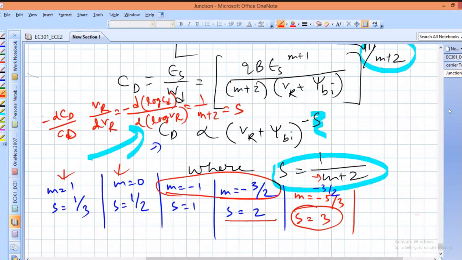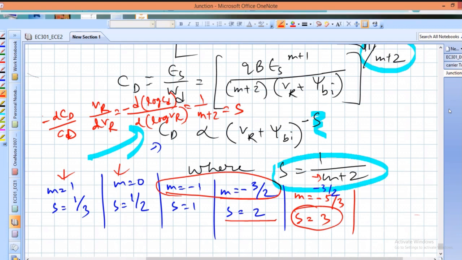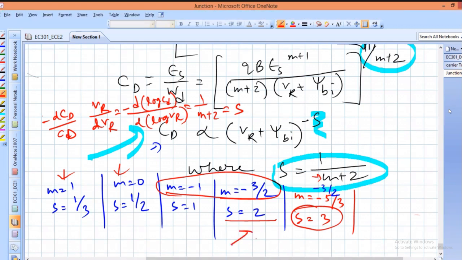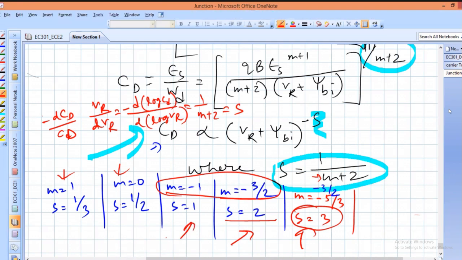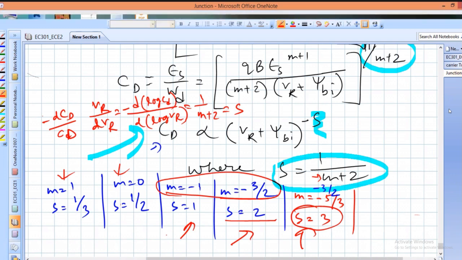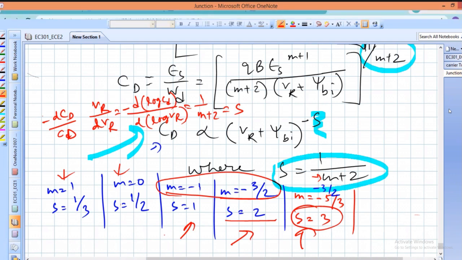So the sensitivity S is very large whenever we adopt a hyper-abrupt profile, and generally it is desired because we want to vary the capacitance using the variation in the reverse bias voltage.